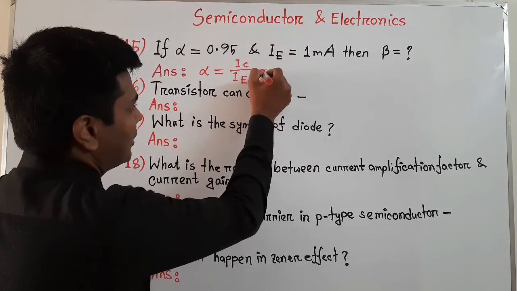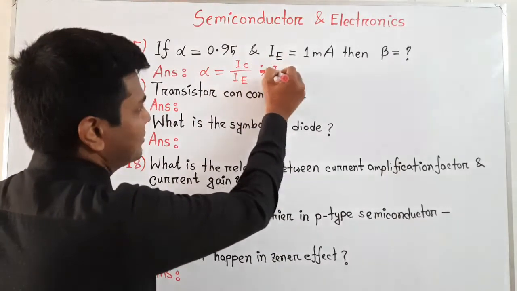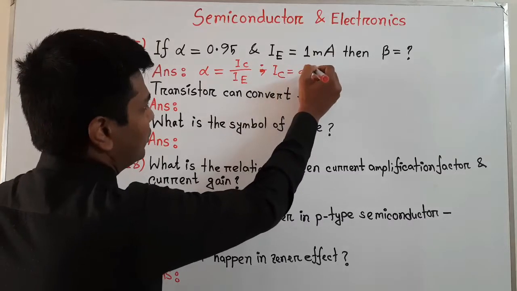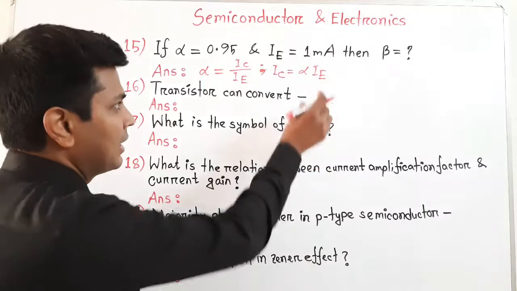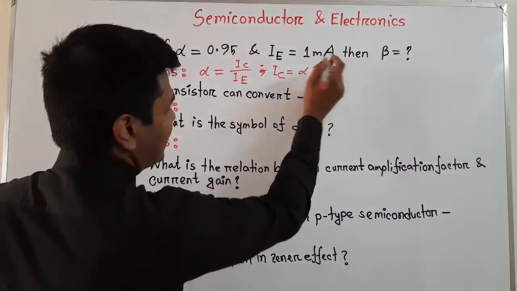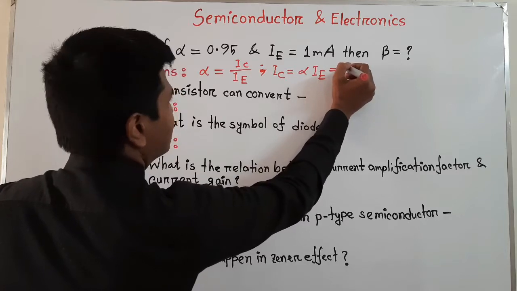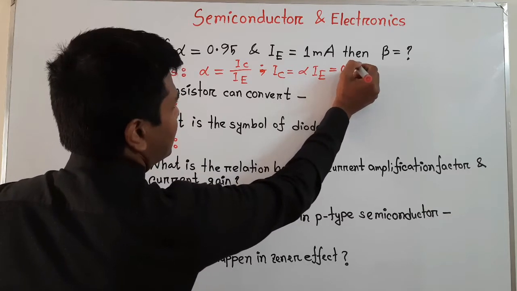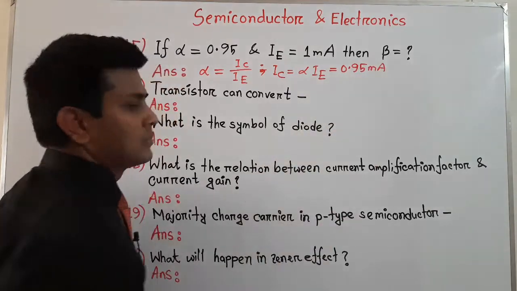Now if you want to calculate the collector current, that means IC, alpha will be multiplied with the emitter current, and after multiplication we get the collector current as 0.95 milliampere.